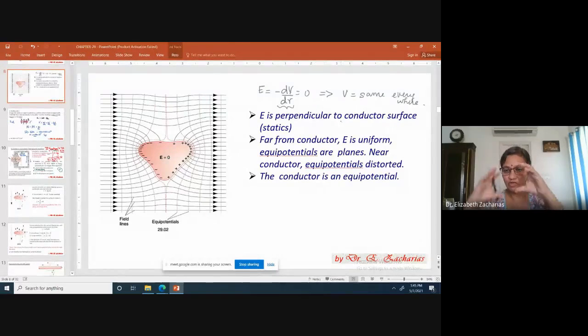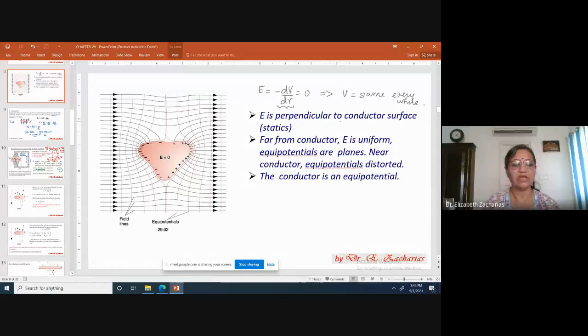So in electrostatics, no excess charge inside, which means rho is zero. And excess charges will go and sit on the surface. Electric field inside becomes zero. That means there is no potential difference between any point of the conductor. Everywhere the potential is the same. Is this understood? Yes, sir.